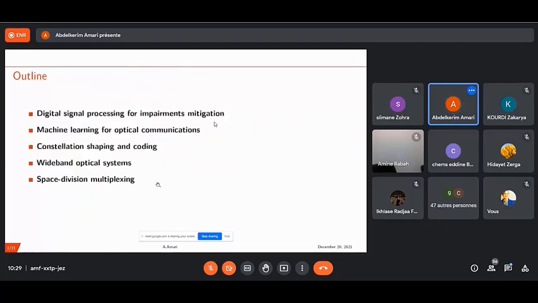So in this talk I will start with a solution to increase the capacity of the existing installed resources by using digital signal processing for impairment mitigation, mainly for nonlinear compensation, and also the introduction of machine learning for optical communication systems.